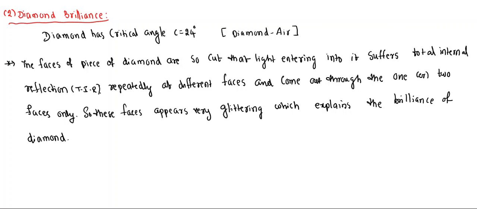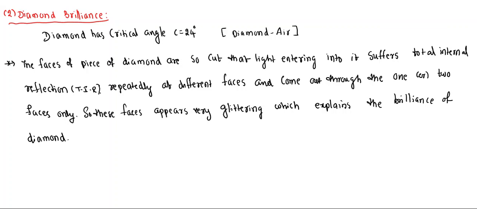You see here, whatever I explained, I wrote on this. The faces of the piece of diamond are cut so that light entering into the diamond suffers total internal reflection repeatedly at different faces.